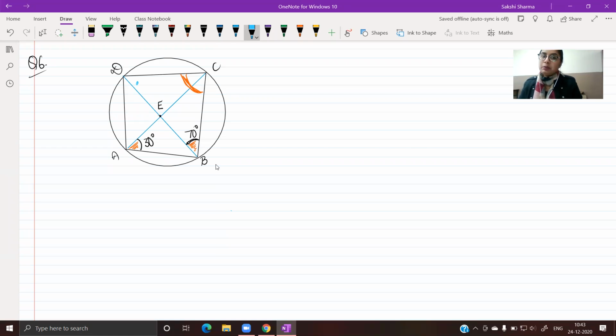In that case, they will be passing through the center. There it is specified that the diagonal is diameter. Here we cannot assume that on our own unless it's mentioned. If they said that the point of intersection is the center of the circle, then the diagonals would be diameters.